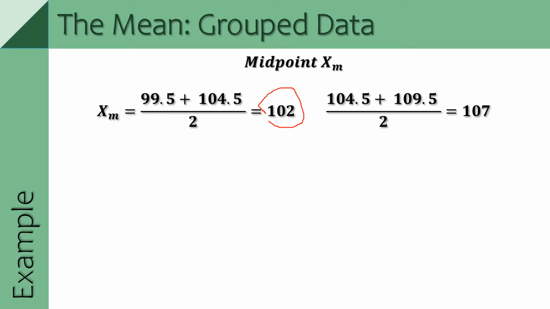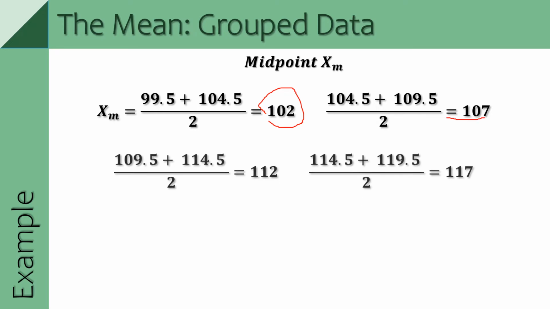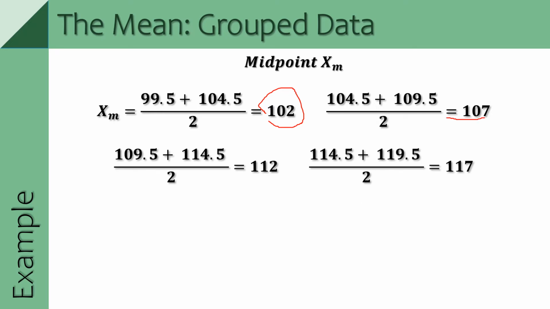Next, 104.5 plus 109.5 all over 2 is 107. Next, 109.5 plus 114.5 all over 2 is 112. Then 114.5 plus 119.5 all over 2 is 117.